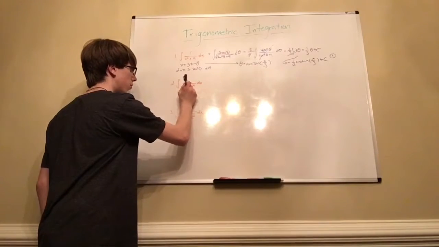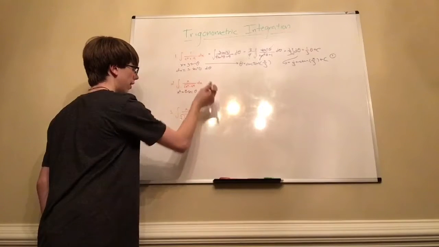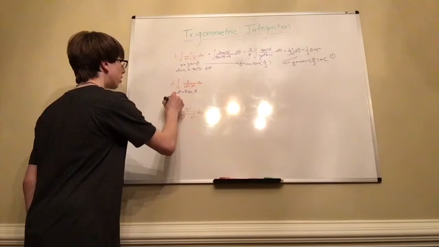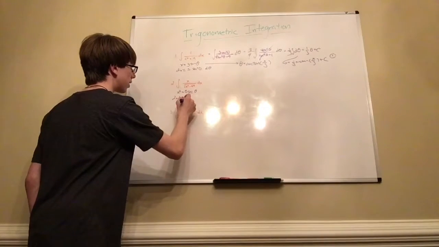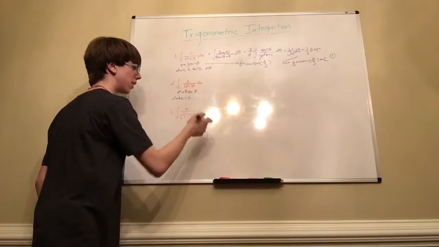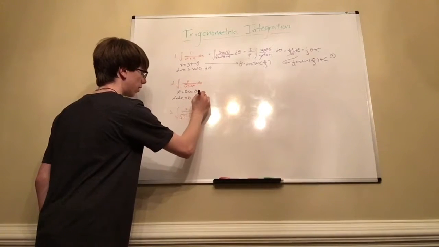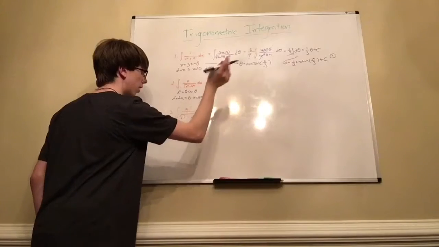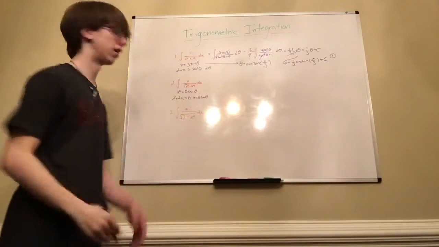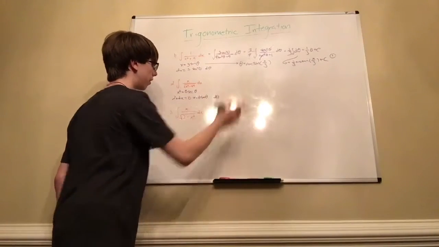So x squared is equal to 8 secant theta. Now take the derivative of both sides. 2x dx is equal to 8 times the derivative of secant theta, which is secant theta tangent theta, times the derivative of the inside function theta, which is d theta.